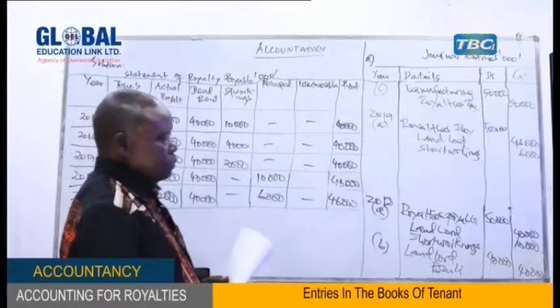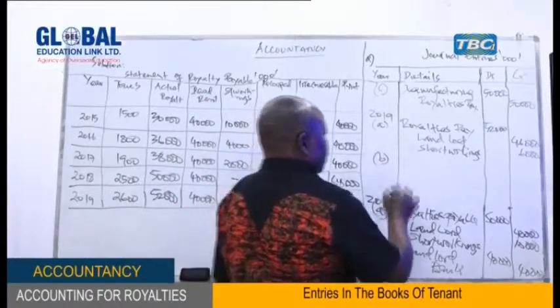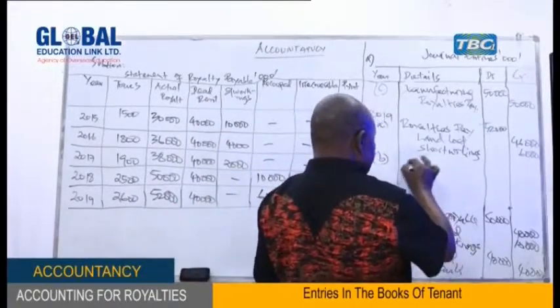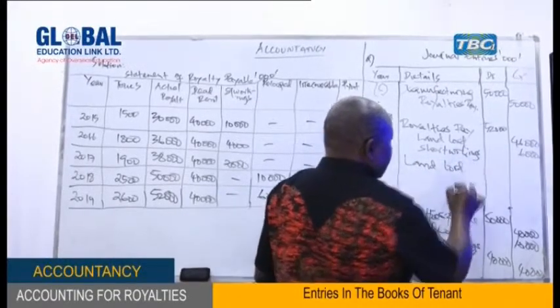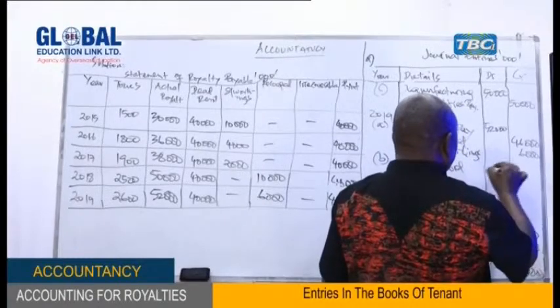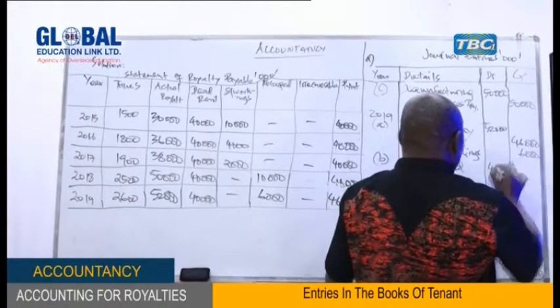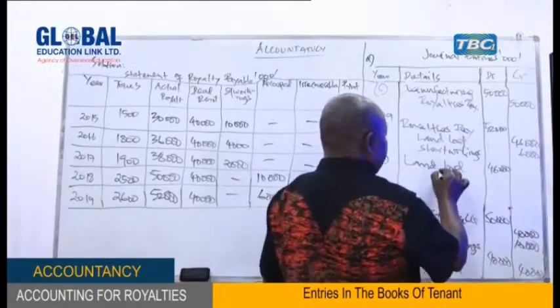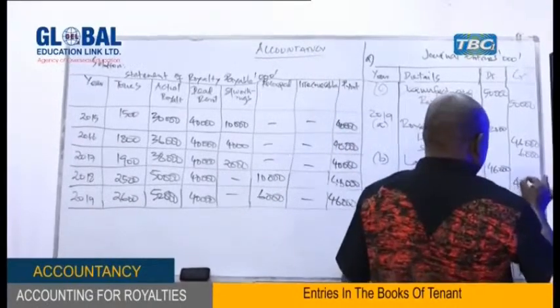Then category B is to make a payment. So we debit landlord 46 and we credit bank 46.